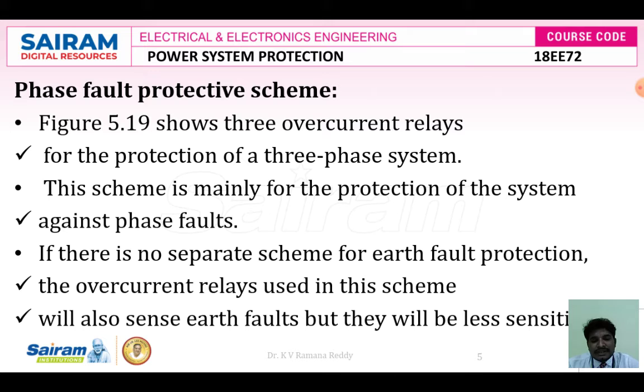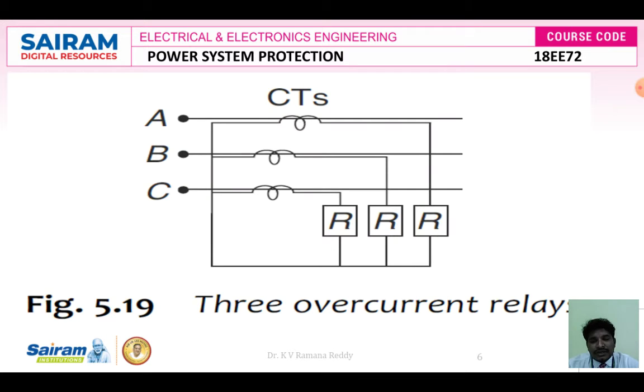If there is no separate scheme for earth fault protection, the overcurrent relays used in this scheme will also sense earth faults, but with less sensitivity. Why is it less sensitive? Because phase fault current is very high.